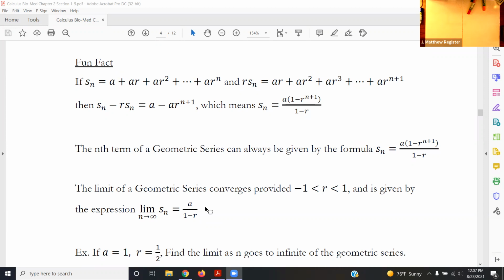And most of them are so difficult that you can't actually compute them. Geometric series, it's nice because you can actually compute them. But for our purposes, for a calculus for biology and medicine, it's something neat, but it's not something that you're going to be using that often. And so you'll see a couple of these in the homework where you're really just asked to plug stuff into these formulas, but don't lose too much sleep over it.